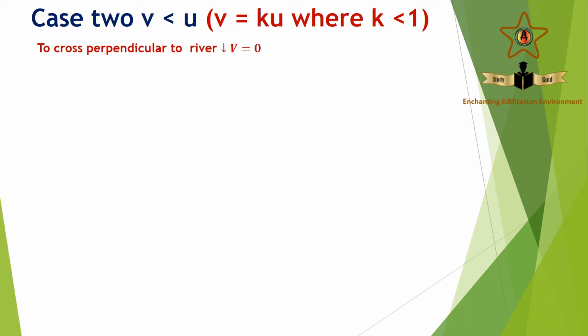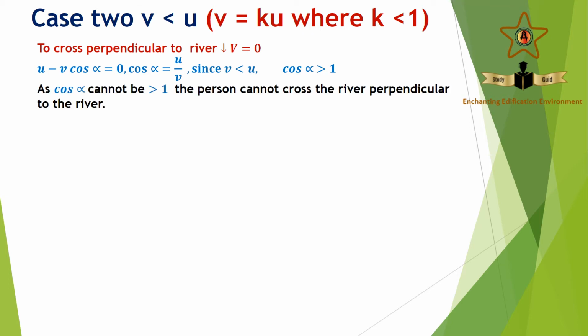Now, to cross perpendicular to the river, the downward velocity should be 0. In that case, we get again cos alpha is u over v, but since v is less than u, cos alpha is greater than 1. So we don't have an alpha which satisfies this situation, which means the person cannot cross the river perpendicular to the river.